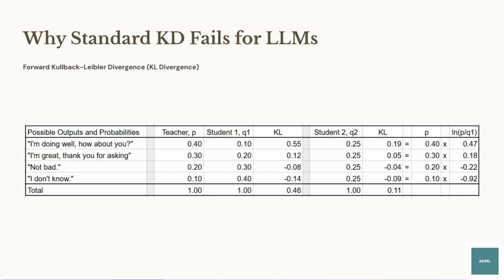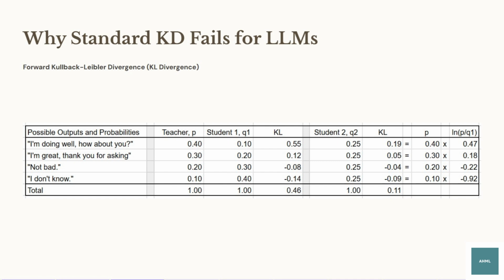Because of its limited capacity, the student model incorrectly assigned probabilities to the 4 outcomes in the opposite order. The student is penalized the most when it assigns low probability to teacher-approved responses. However, the student is somewhat encouraged for assigning high probability to unlikely responses.